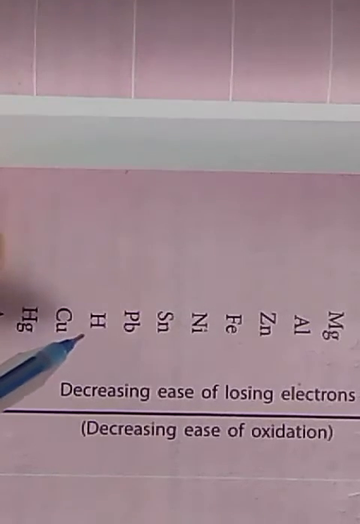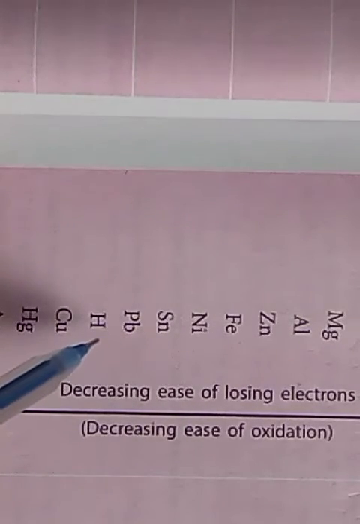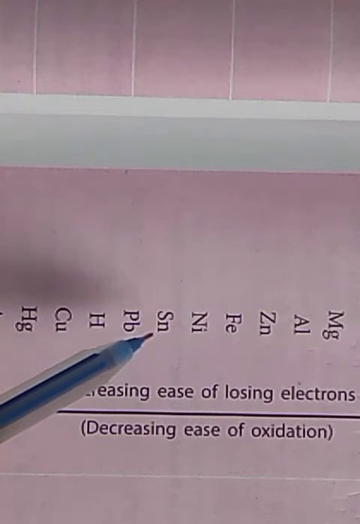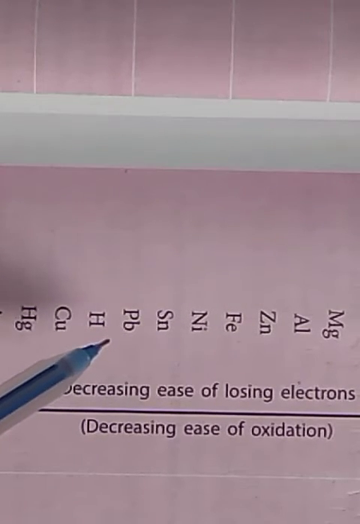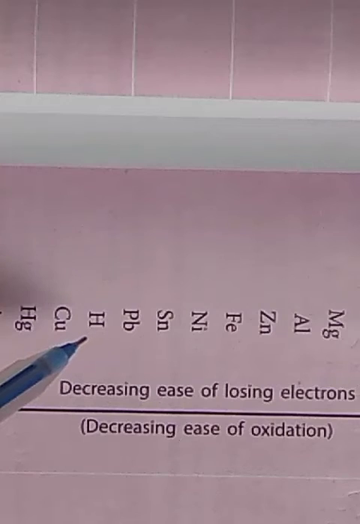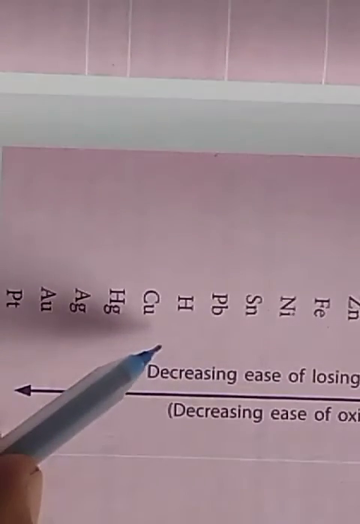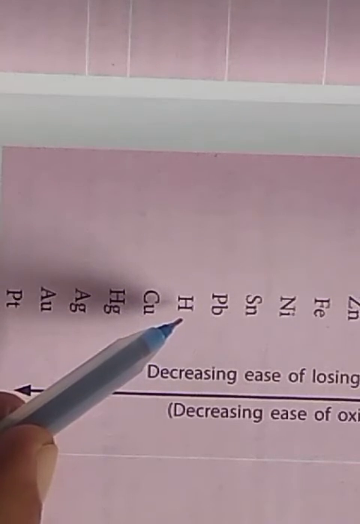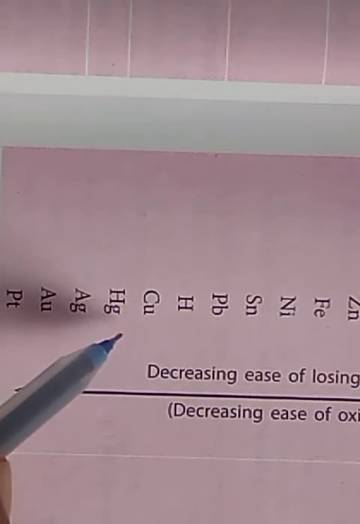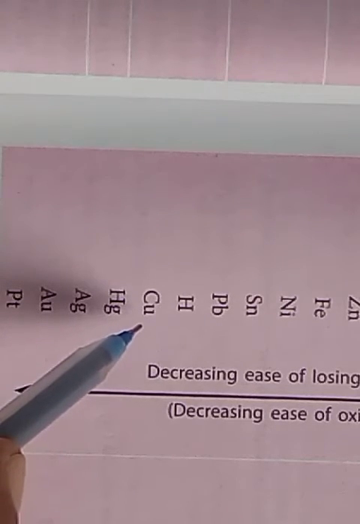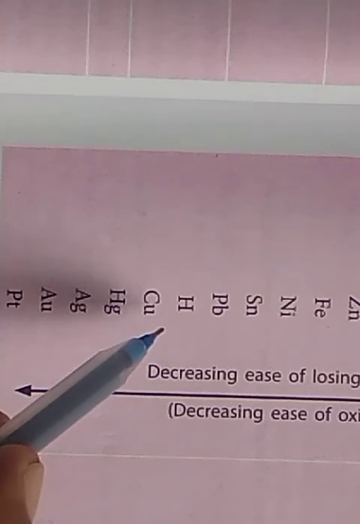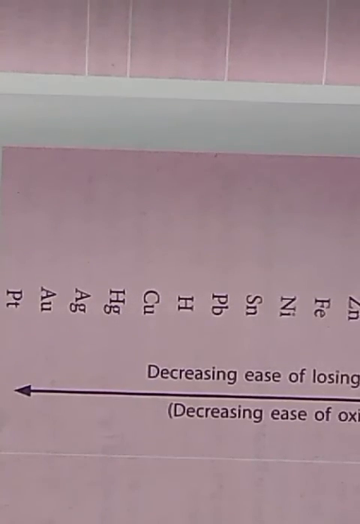And the metals above hydrogen in this electrochemical series always replace hydrogen, releasing hydrogen gas from their acid solution. But the metals placed below hydrogen in this electrochemical series cannot release hydrogen gas from acidic solution. Okay, this is all about the electrochemical series.